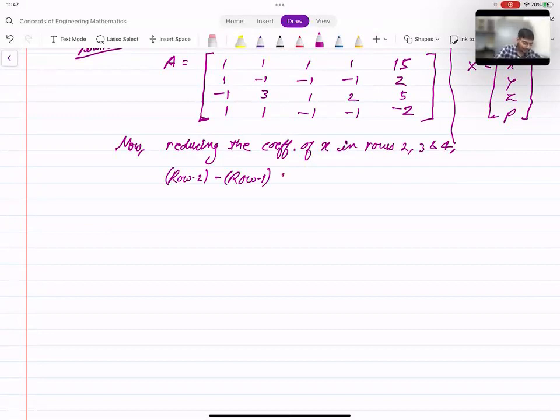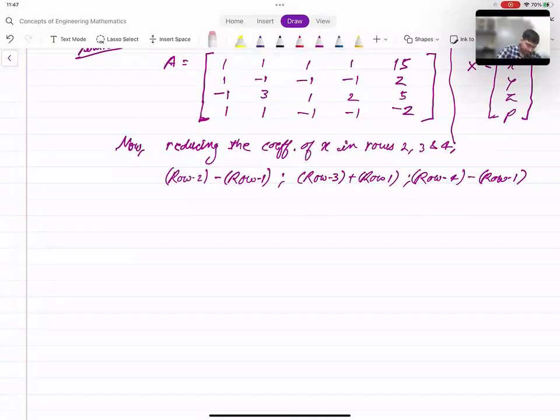Then for row 3 we can add row 1, so row 3 plus row 1. And then for row 4 we can again subtract, so row 4 minus row 1. So this results in the following.